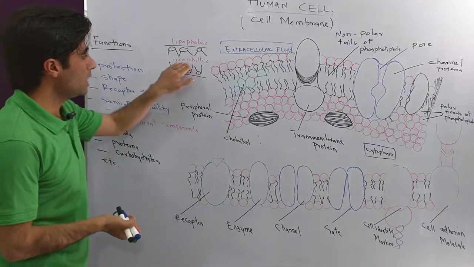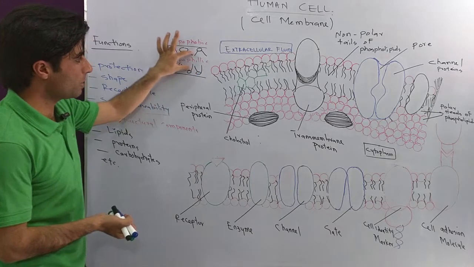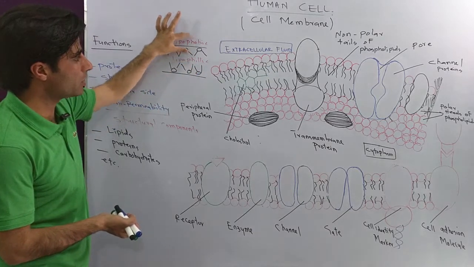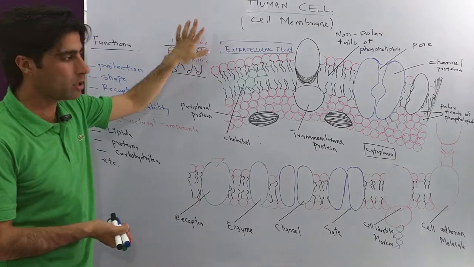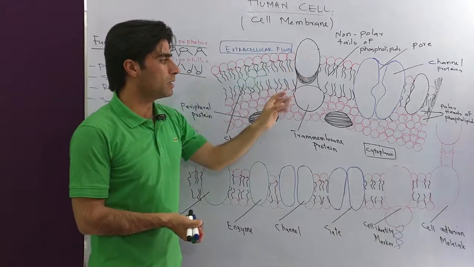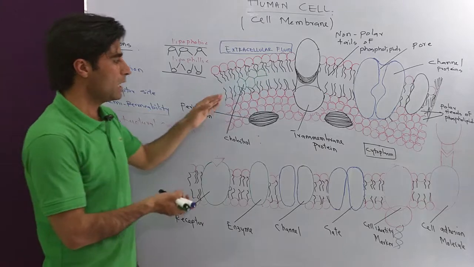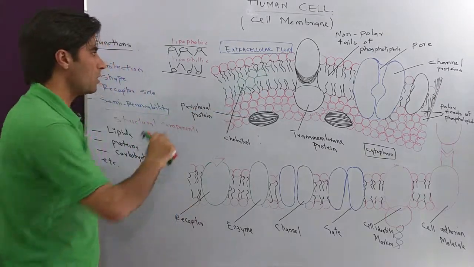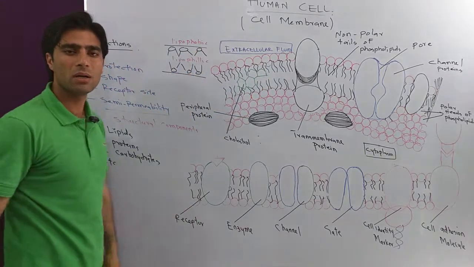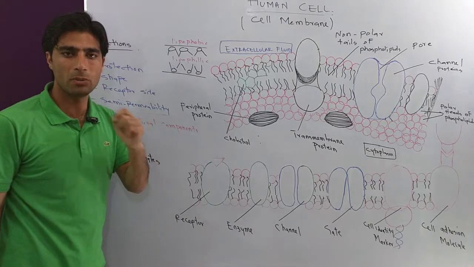So this is the lipophilic portion of the plasma membrane, and this is the lipophobic, or hydrophilic, portion. Got it? So the structure of the plasma membrane is basically a phospholipid bilayer, or in other words lipids. They are made up of lipids.